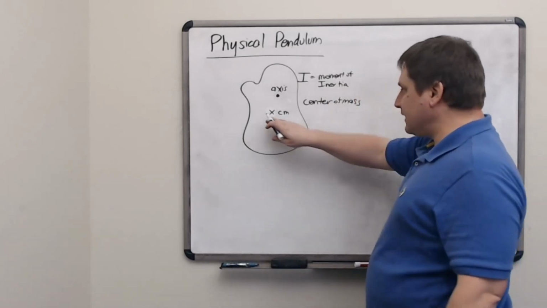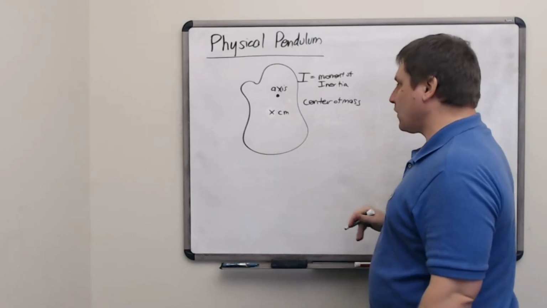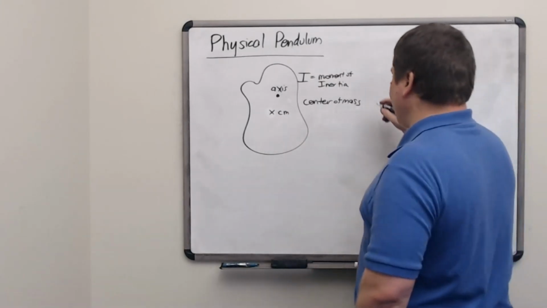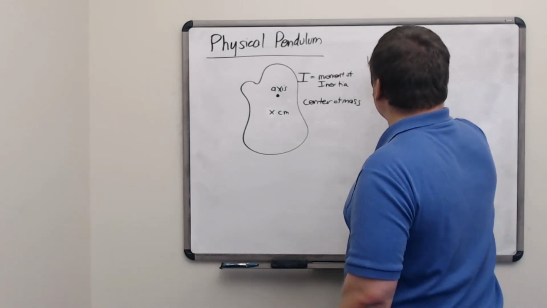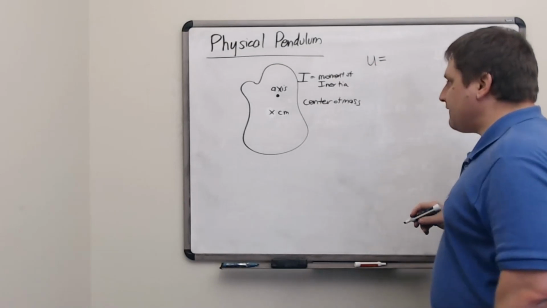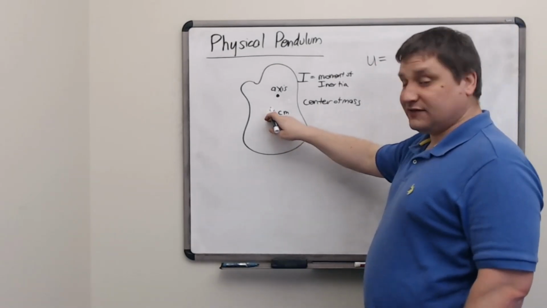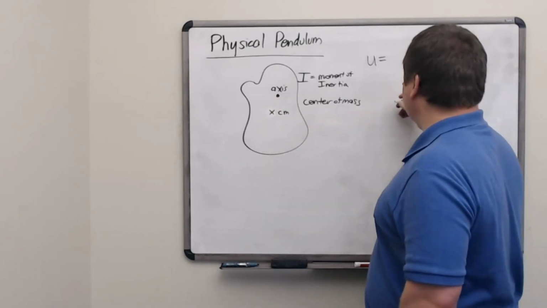Whenever the center of mass is not hanging straight down, it's going to generate some torque on the system and cause it to move. So let's do this in terms of energies, though. The potential energy of gravity will act as if the entire object is concentrated at the center of mass. That's the nice thing about centers of mass.